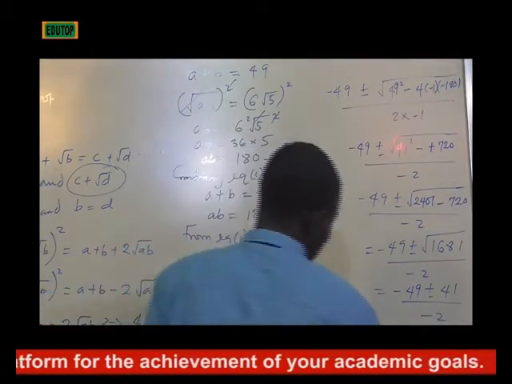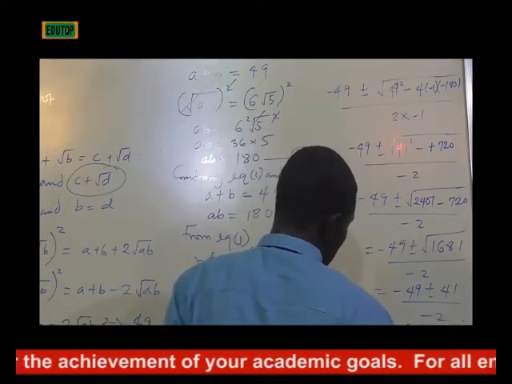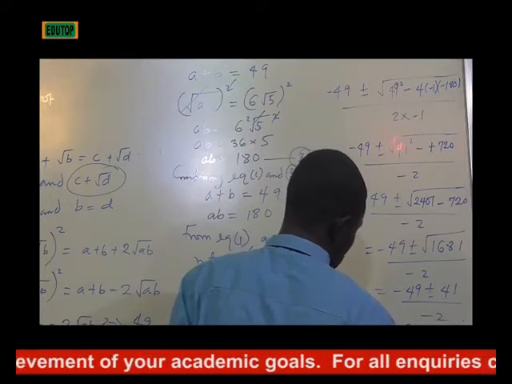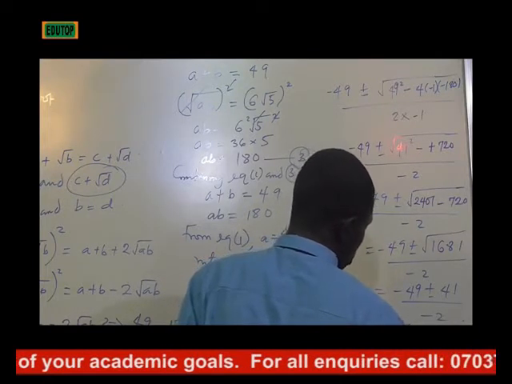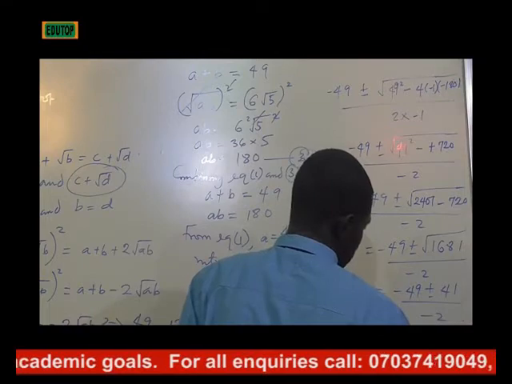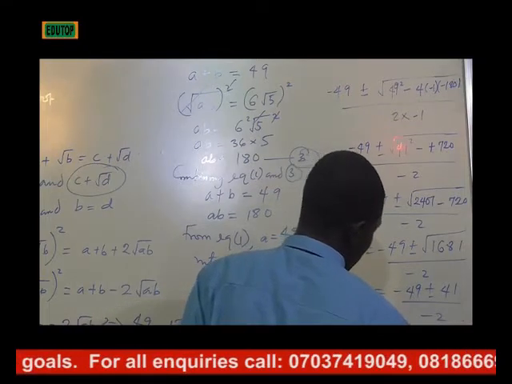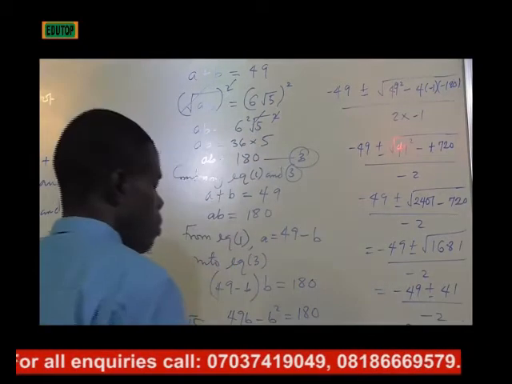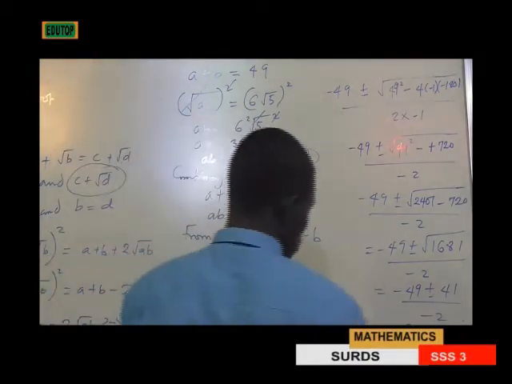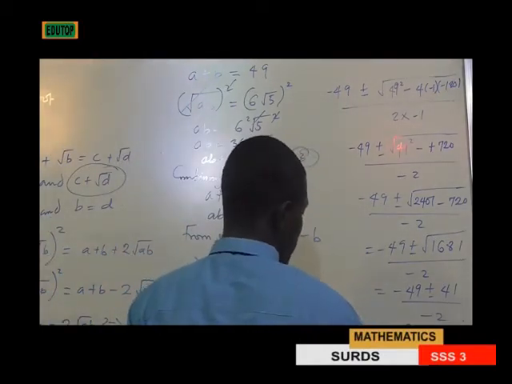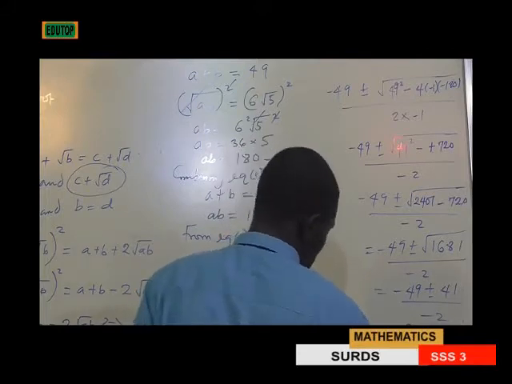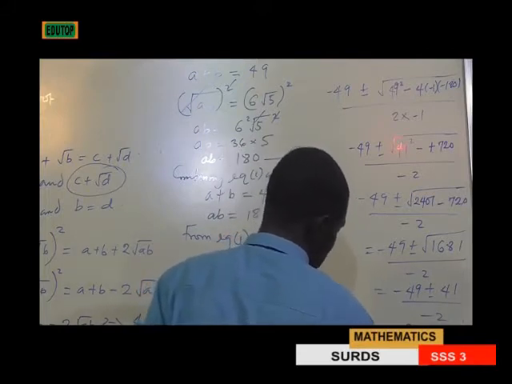Then automatically I can write minus 49 plus 41 over minus 2, or minus 49 minus 41 over minus 2. These are the two possible values. So here I have minus 49 plus 41, that will give us minus 8, over minus 2.